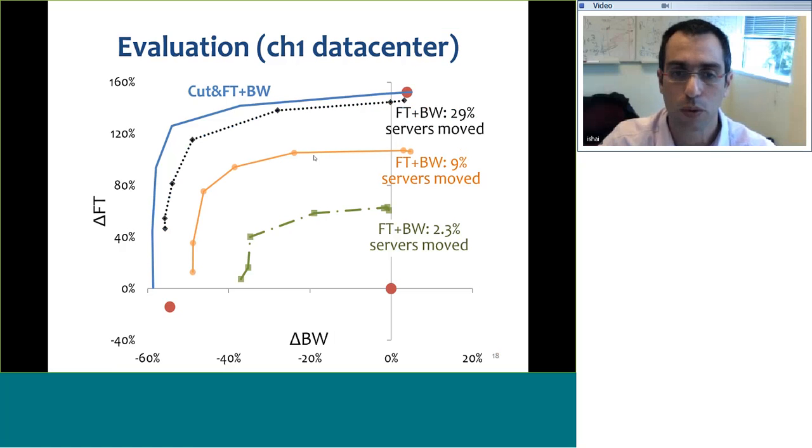With 9%, we are already getting pretty substantial improvements, around 80% to 100% in fault tolerance at this point, and around 40% in bandwidth, with less than 10% of the servers moved.